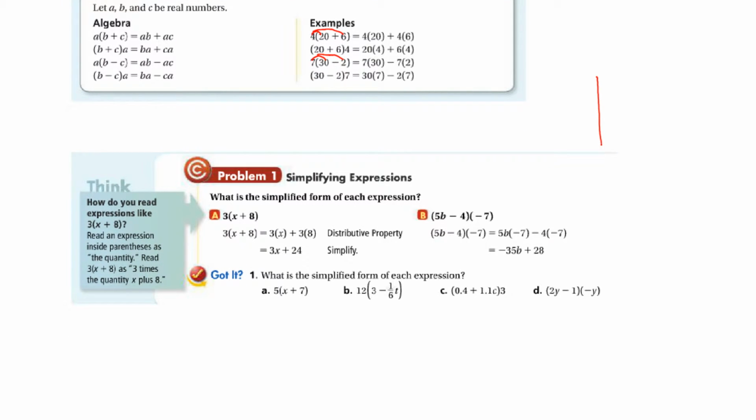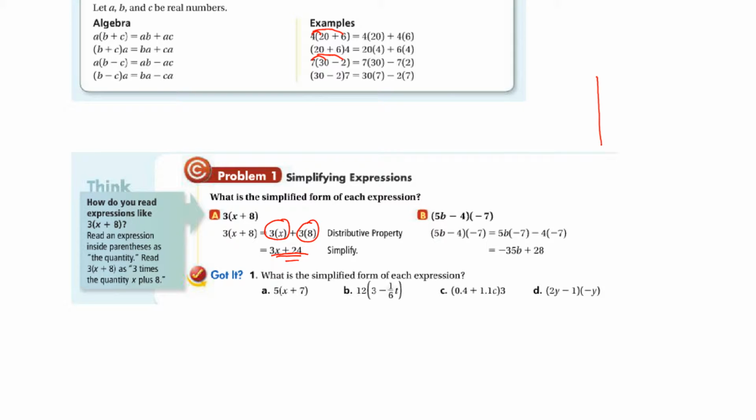In problem 1, it asks for the simplified form of each expression. If we look at example A, we have 3 times x plus 3 times 8, which gives us 3x plus 24.